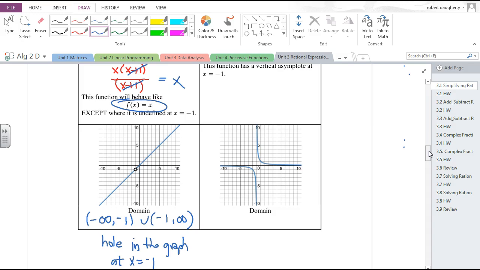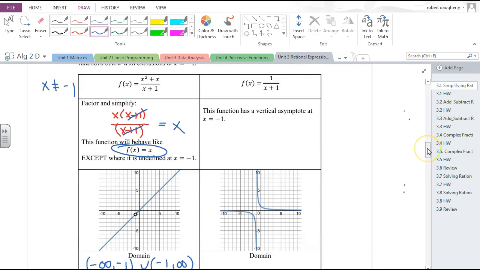Okay, we're not going to do a whole lot of graphing, but here's the key: when you get in factored form, then you look and say, what is my exclusion? This has an exclusion at -1. Okay, then you're going to need to look at your final answer. If the final answer has no exclusions, then you'll say, well, that exclusion that I had is simply a hole in the graph, it's a hole in the domain, so I cannot have it as part of my domain.